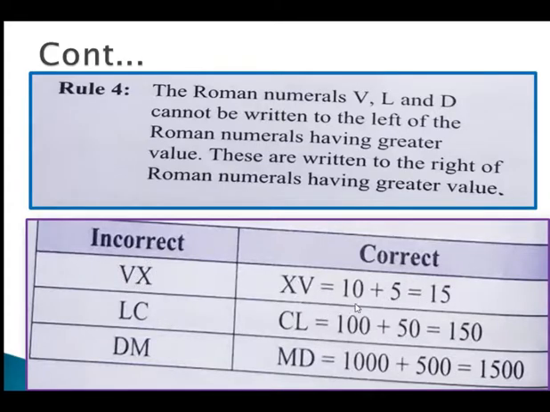XV will give us 10 plus 5, 15. LC is never written. CL gives us 100 plus 50, 150. Same way DM is incorrect, MD is correct. So we need to keep in mind V, L and D will never be written to the left.